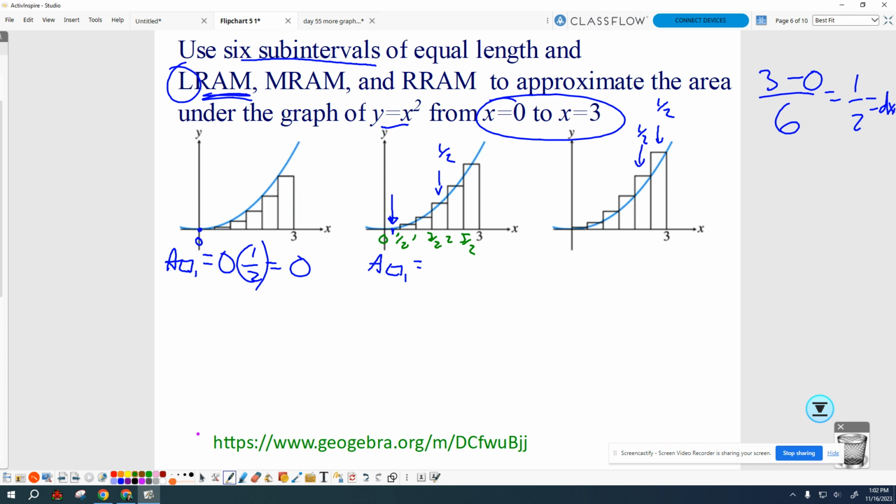So all the x distances, 0, 1/2, 1, 3/2, 2, 5/2, 3. Choosing the midpoint, middle, between 0 and 1/2 is a quarter. Taking that x value, a quarter squared. In MRAM, using the midpoint, my first rectangle is 1/32.